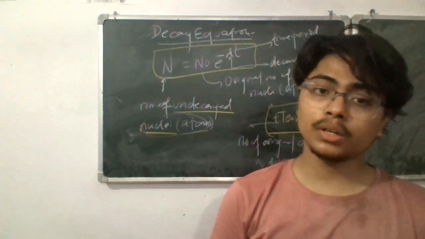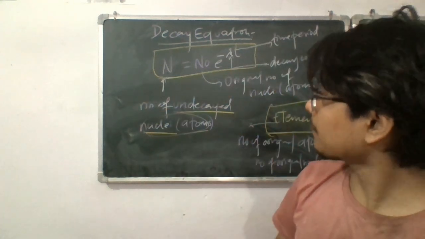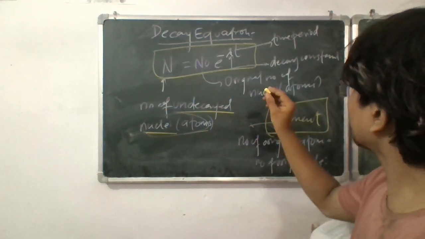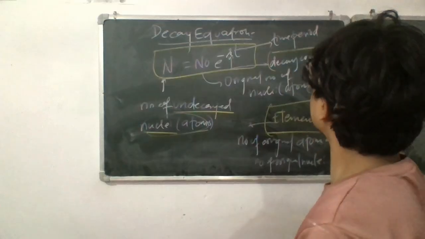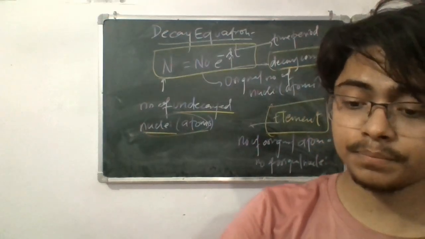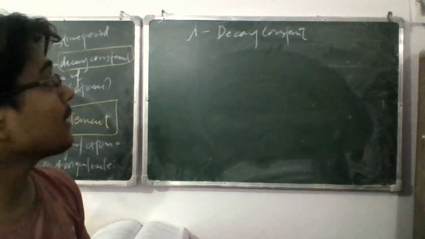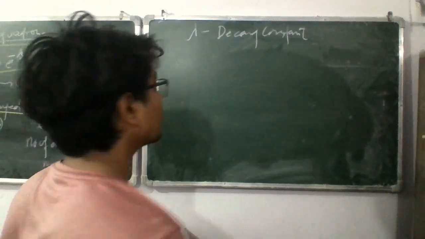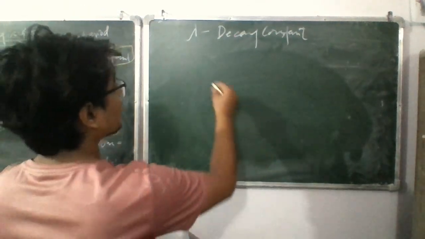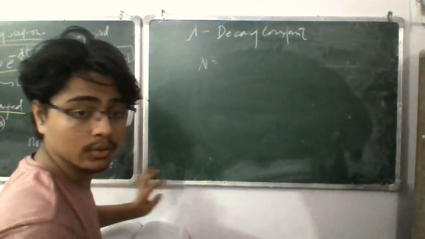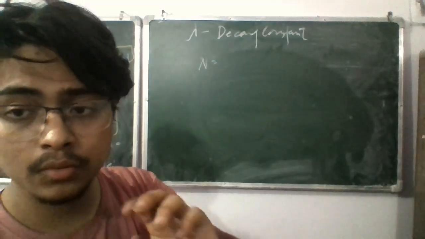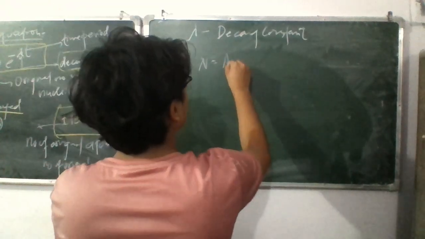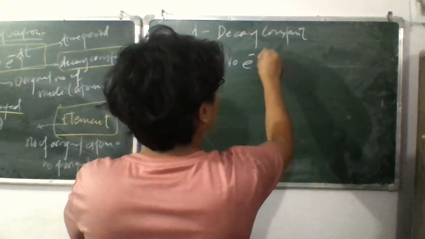Now let's talk about another term, that is the decay constant, lambda. We already know from the decay equation that N equals N naught e to the power minus lambda t.